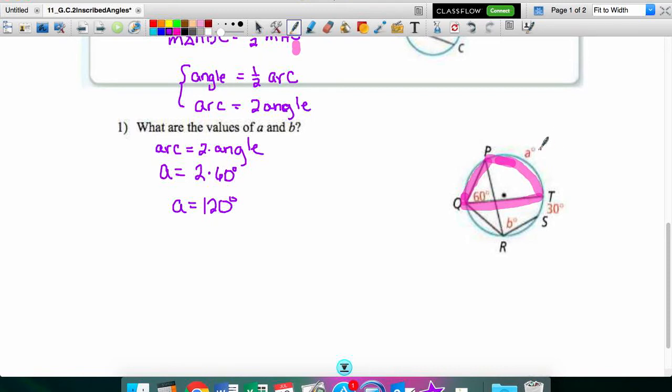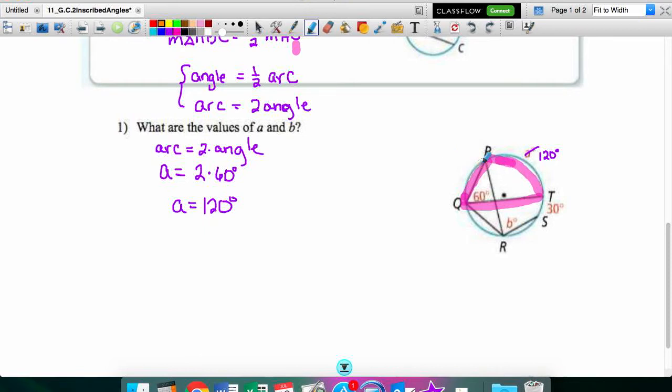So now we know A. A lot of times when I find a variable, I like to rewrite the value of it in the diagram because it may be helpful for us in another problem. Okay, so let's go ahead now and I'll highlight another variable, in this case b. I'll highlight it with orange.